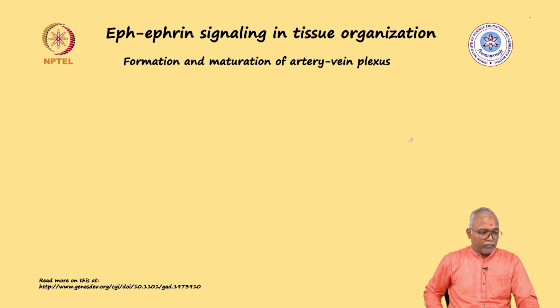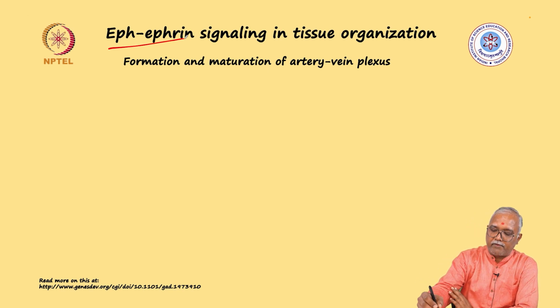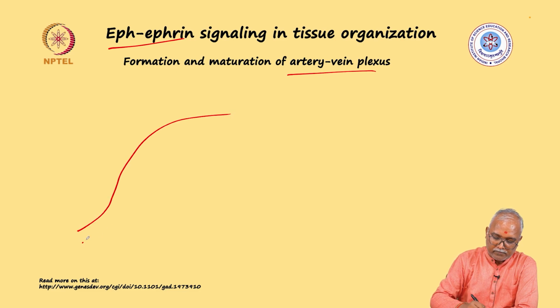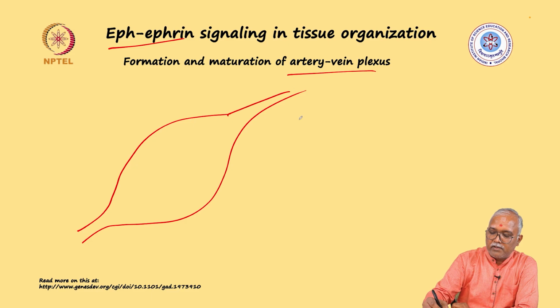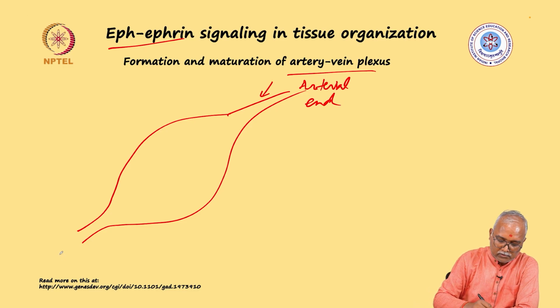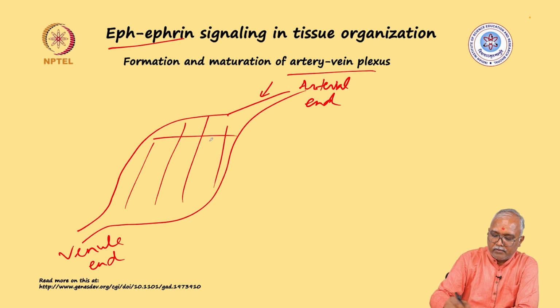Now, what has been seen is that EPH-Ephrin signaling is also playing a very important role in something called artery vein plexus formation. If you think about a tissue, if you consider that this is the arterial end and this is the venule end, and in here you have something called plexus.